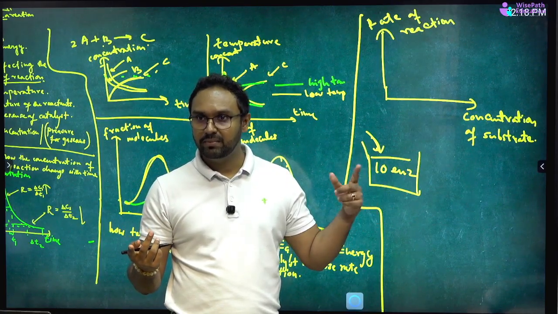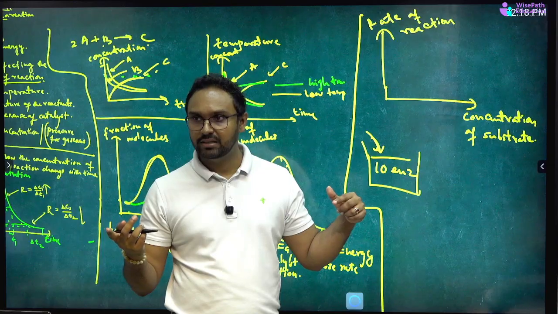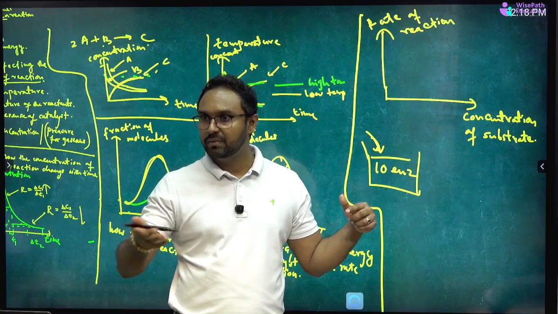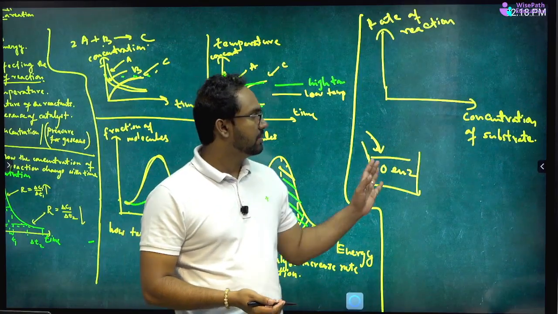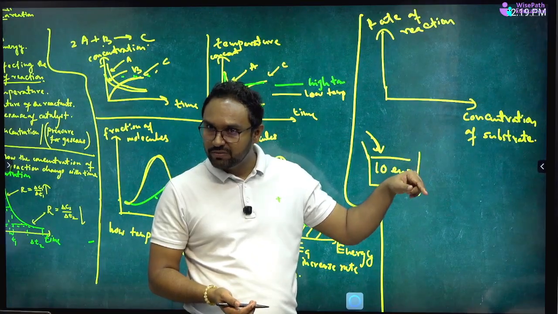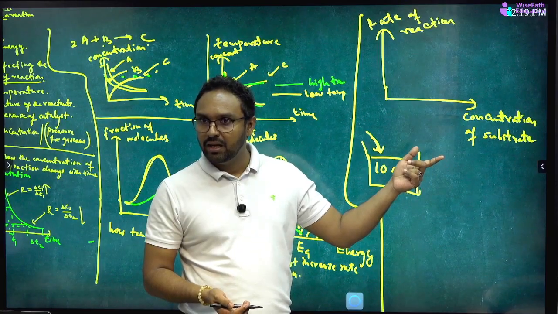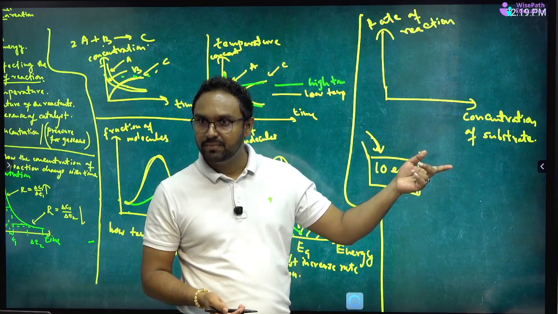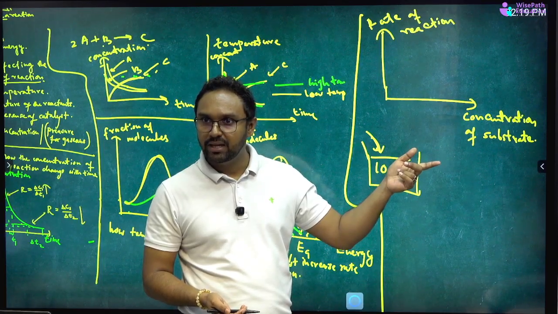So as I increase the concentration, the rate of reaction increases. Why? Because per unit time the number of molecules reacting and producing products is increasing. If I come to 10, now 10 molecules are reacting. The rate of reaction is 10. And if I put 11, can 11 react at the same time?